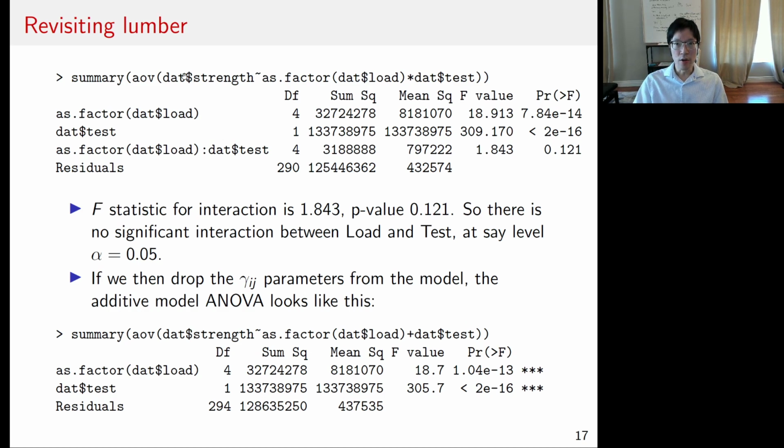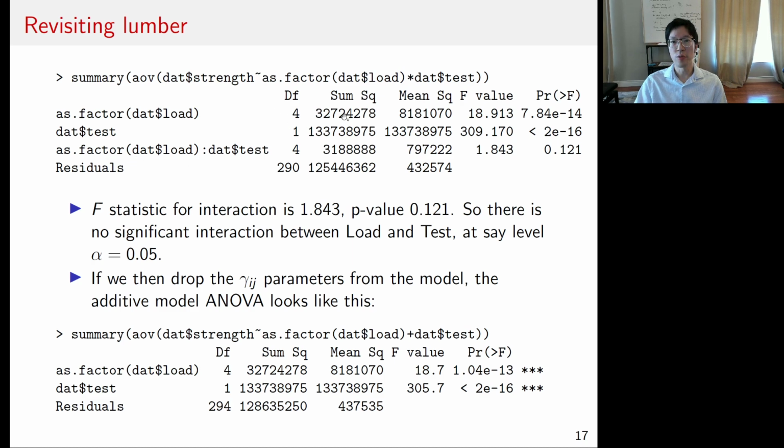Okay, so here is just the lumber ANOVA table. I printed it again here because I want to emphasize one other point. Just to remind you, the first row is factor A, the second row is factor B, and the third row is the interaction.